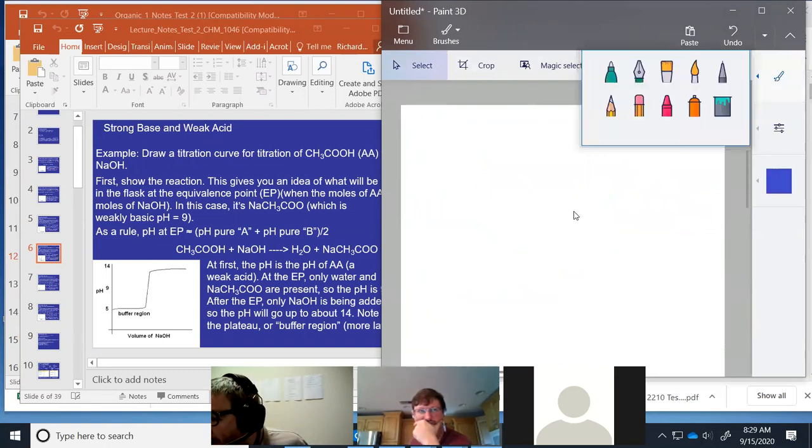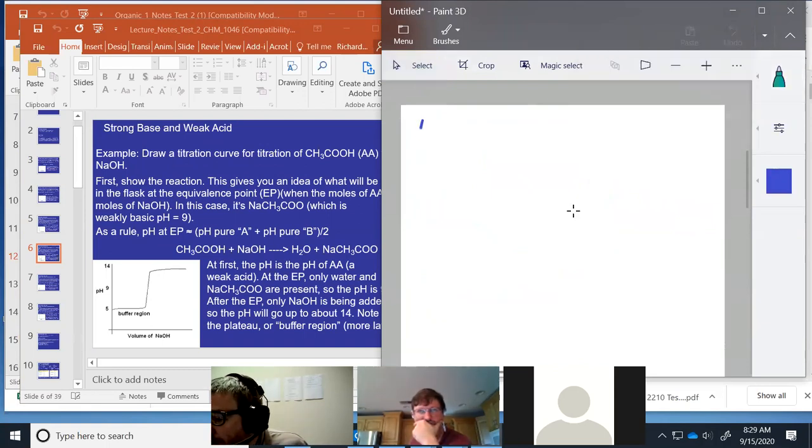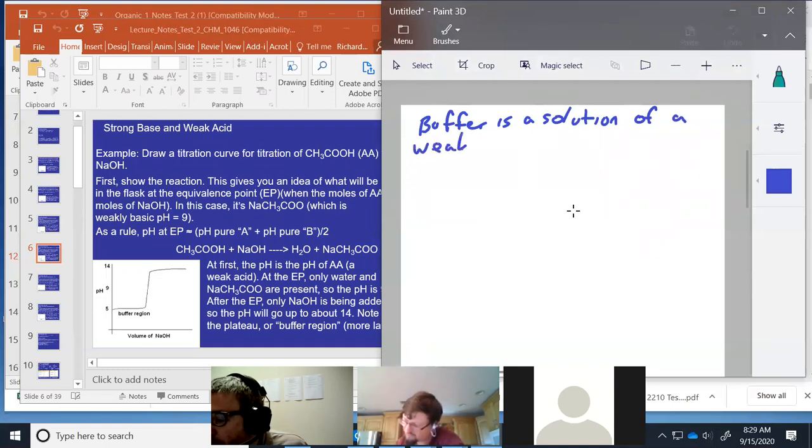So let's see, a buffer. A buffer is a solution of a weak acid and its conjugate base. I know I'm going to introduce some terminology here you're not going to like.